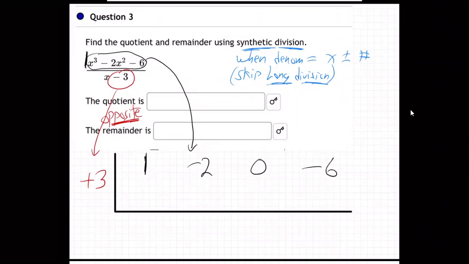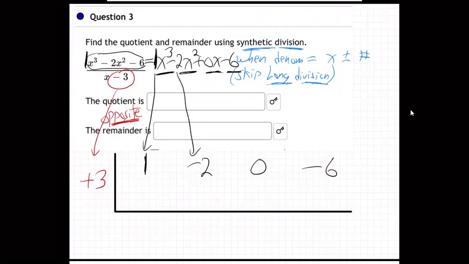Now, where'd that 0 come from? Notice a term is missing here, right? Let me go back up here. This really is x cubed minus 2x squared plus 0x minus 6. So this is 1x cubed, and this is where the numbers are coming from. The 1, the -2, the 0, and the -6.